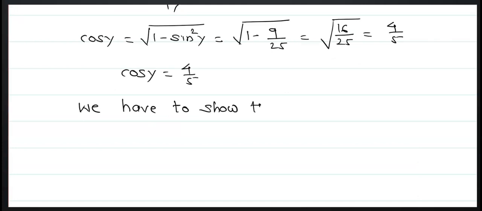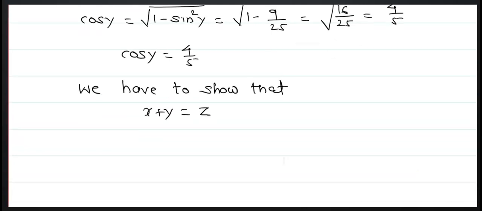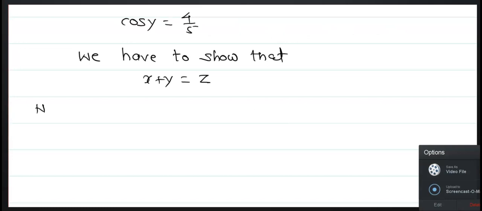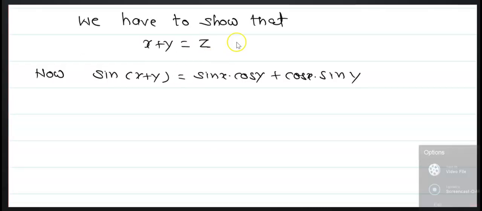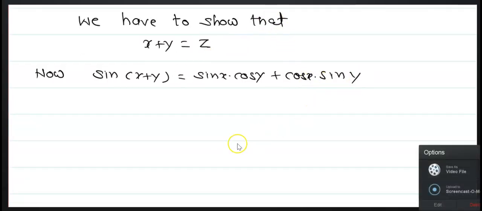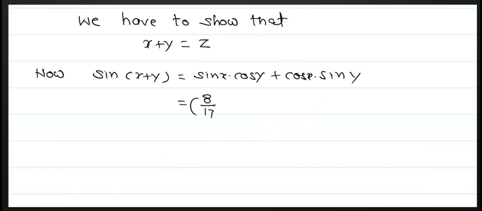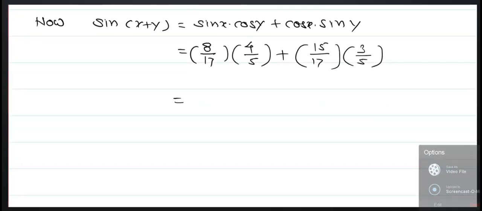We have to show that x plus y is equal to z. That is, sin of x plus y is equal to sin x into cos y plus cos x into sin y. Substitute their values: 8 upon 17 into 4 upon 5 plus 15 upon 17 into 3 upon 5.